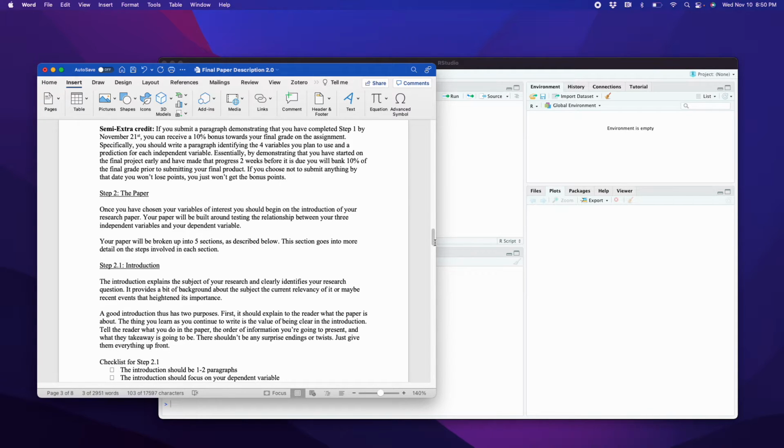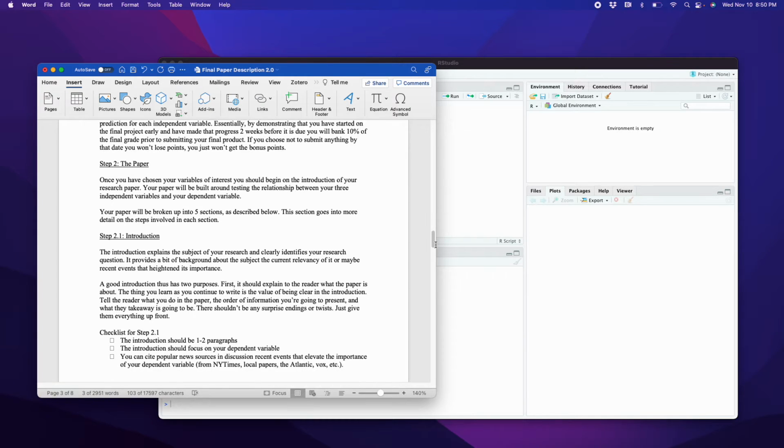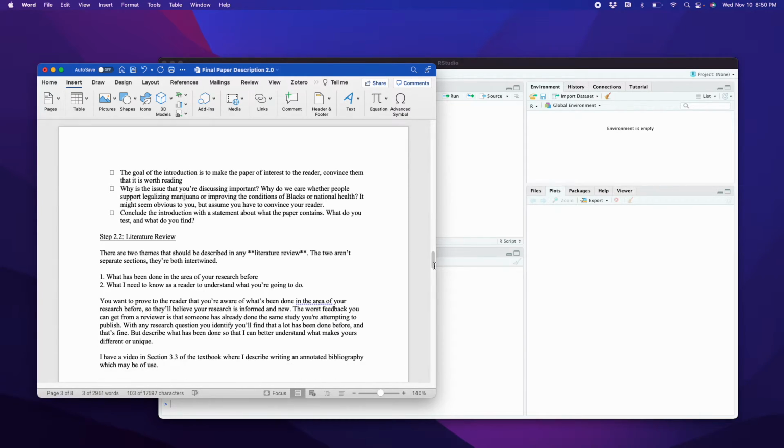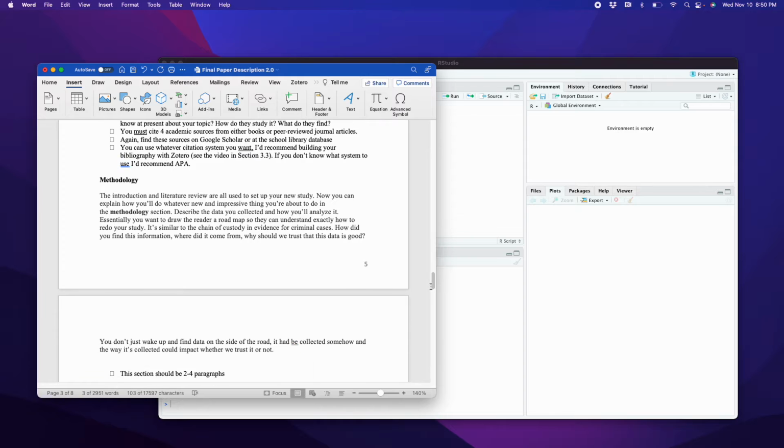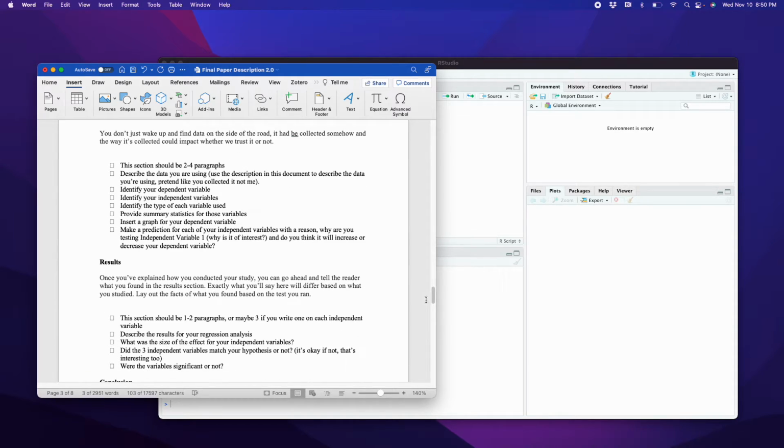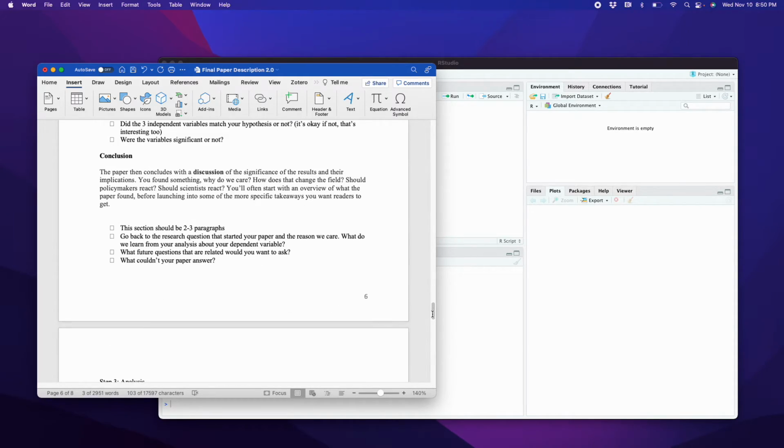Step two breaks down what's going to go into that final paper in a high level of detail. And so there are 5 sections of the final paper you're going to write: an introduction, a literature review, a methodology section, results, and a conclusion.